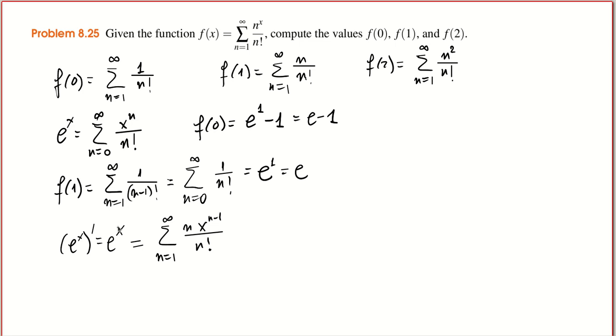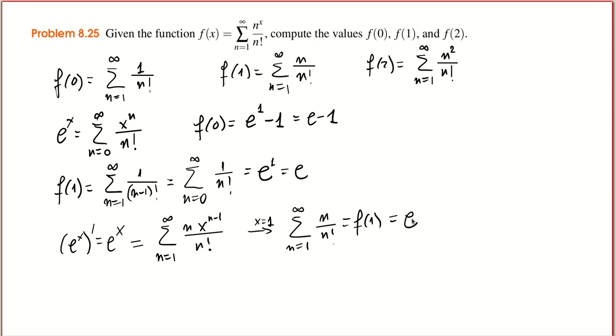And if in this series you make x equal to 1, what you get is the sum from 1 to infinity of n over n factorial, which is precisely f of 1. But that is for x equal to 1, which means this is equal to this for x equal to 1, so that is e. Same answer as before. So either way, you get the same result.